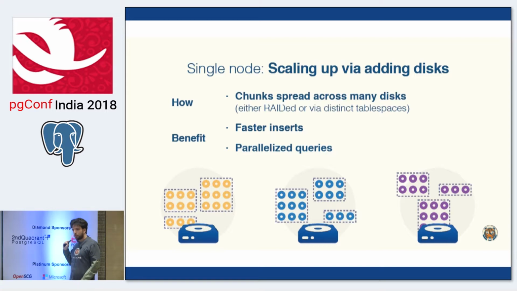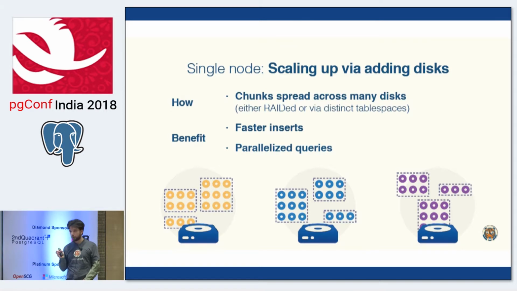Another advantage is that now you could distribute these chunks across disks, and we support that. Either you could use a RAID setup or you could use tablespaces in Postgres. One of the major advantages of this is that you can add disks as your data size grows.